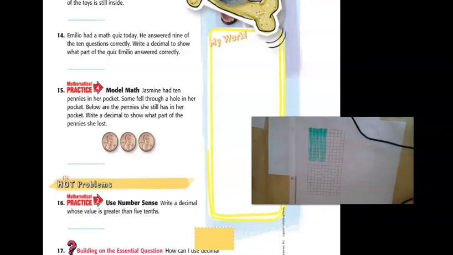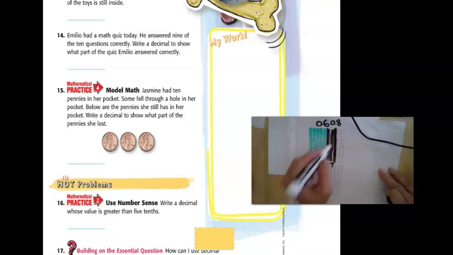You could have this many, which would be written, you could have this many, or this many, or this many, or you could have the whole thing, which would be written that way. Any one of those answers would be fine. And if you want to get fancy, you may do that too.